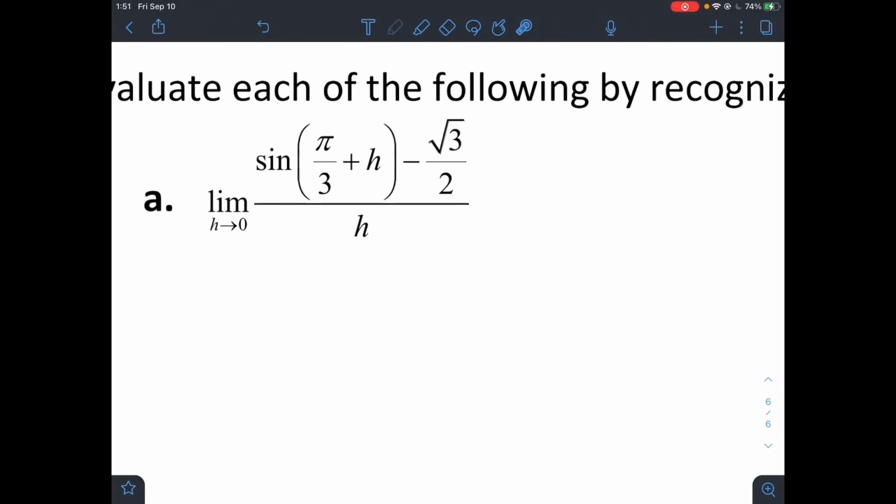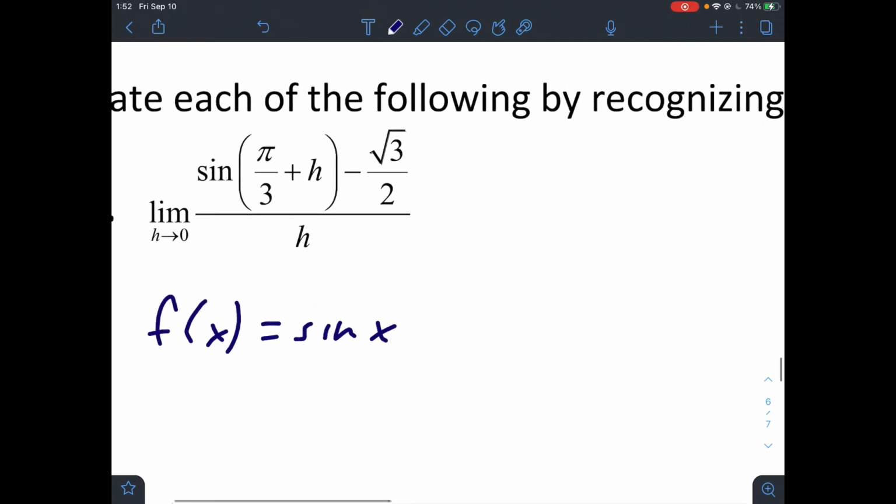But all this question is really asking us to do is to take the function sine of x and find the derivative at some value. The question is, what is that value?